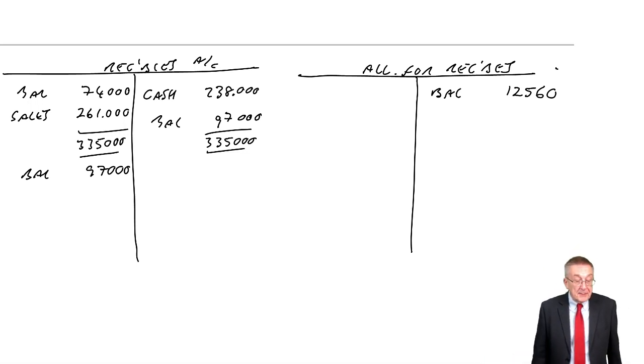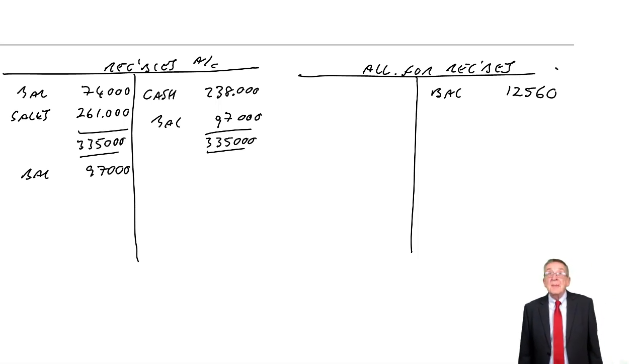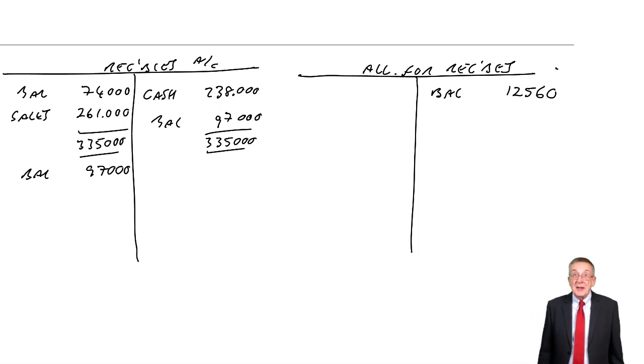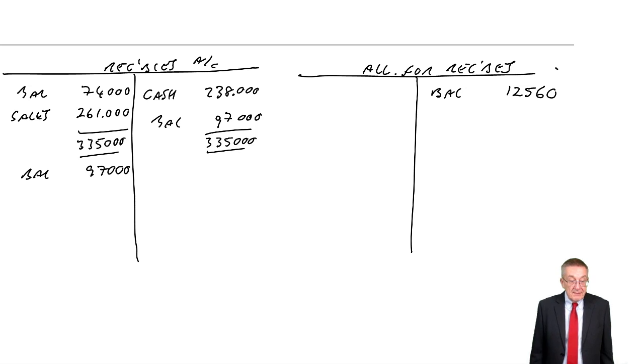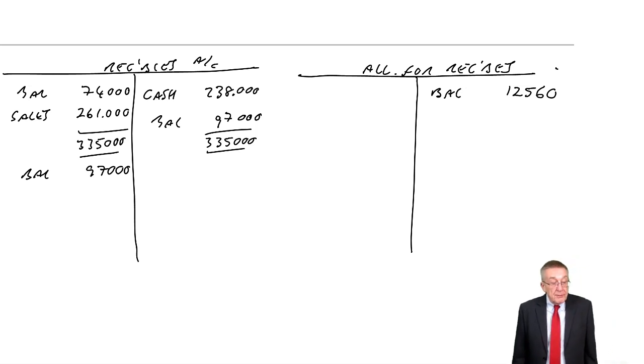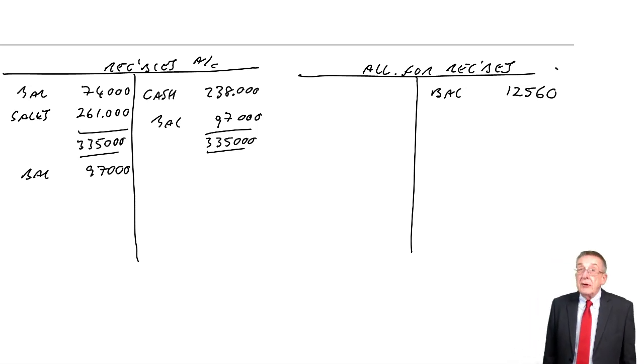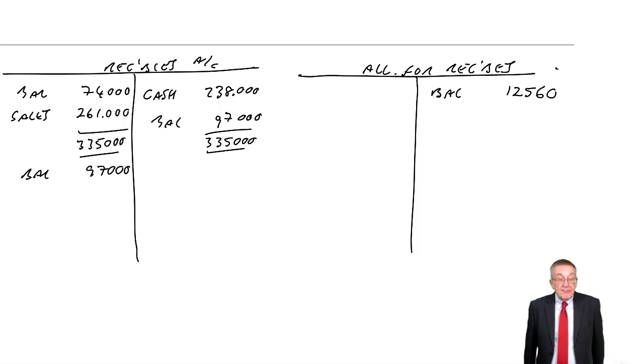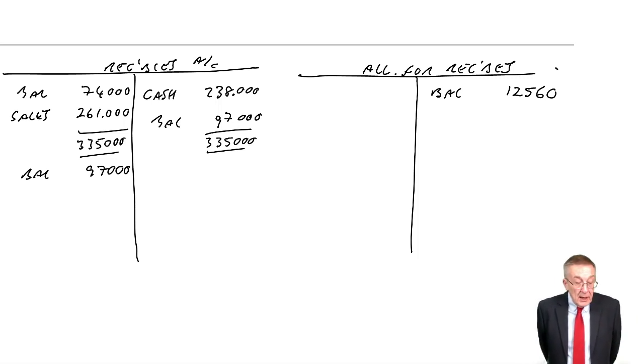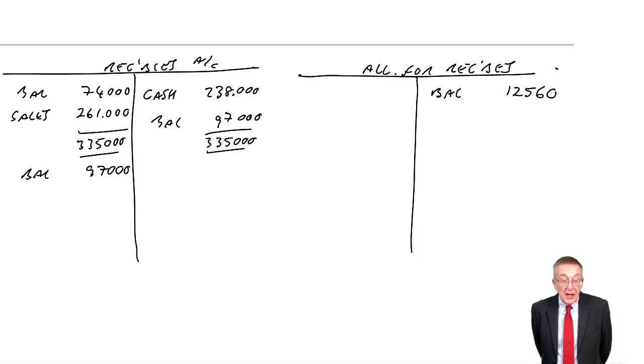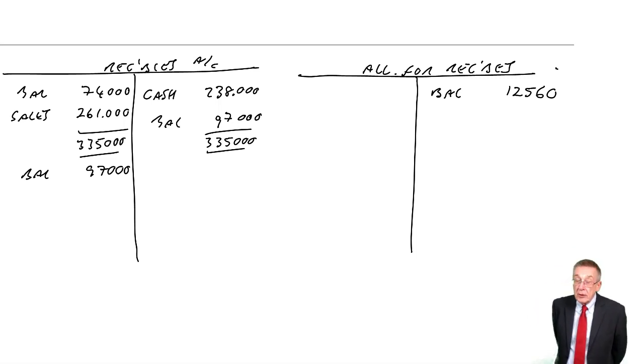Well, maybe a miracle's happened. Whatever the reason, he suddenly paid us $2,200. George, last year, if you remember, was doubtful. And he's still not paid the amount he was owed, and we've therefore decided he's now irrecoverable. We're never going to get it.